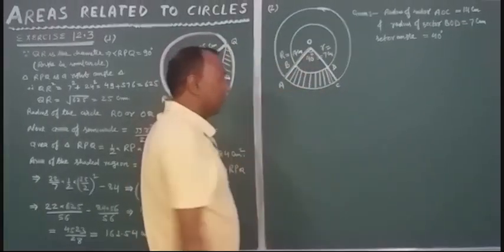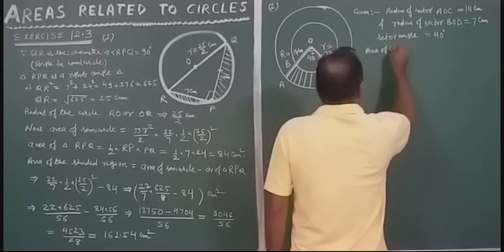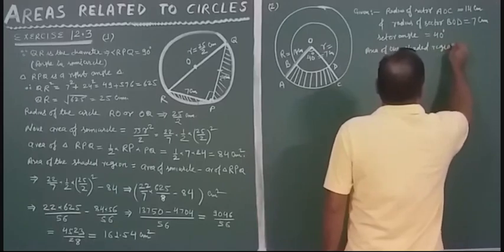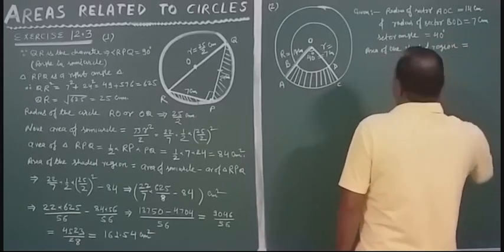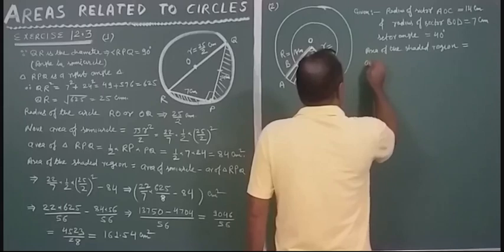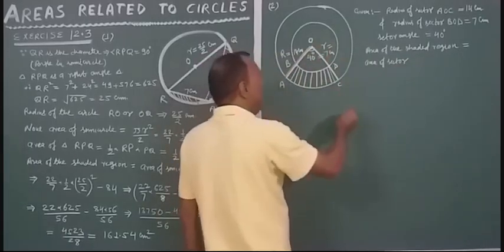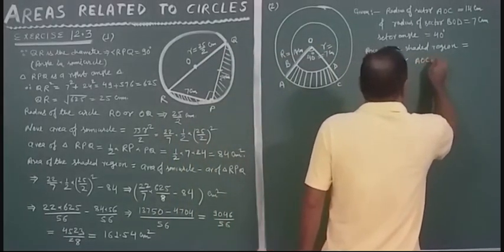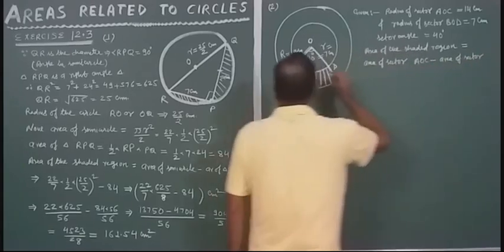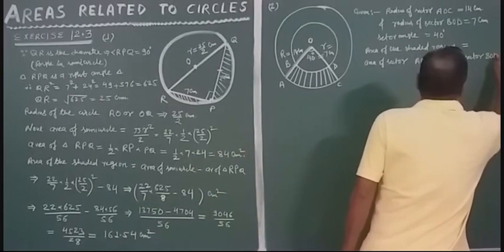Now the area of the shaded region will be the area of the bigger sector AOC minus the area of the sector BOD.